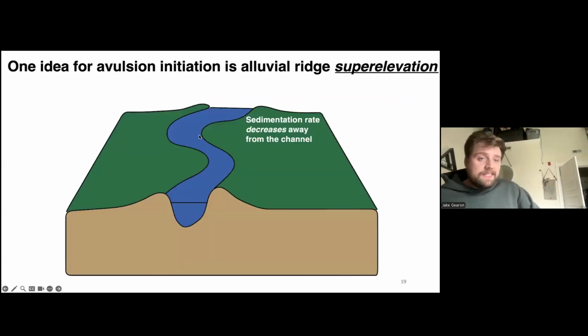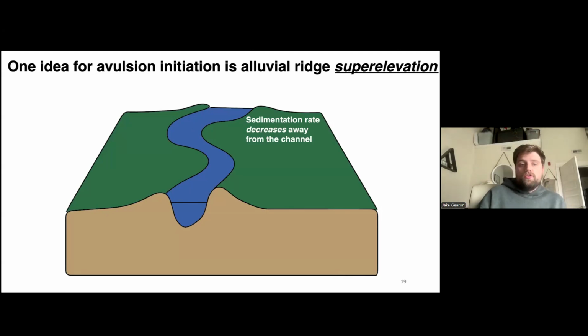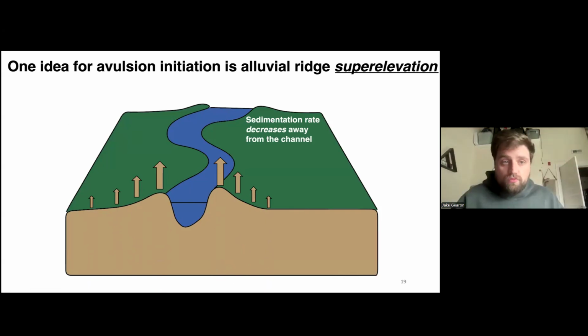So one idea for why river avulsion initiates is called alluvial ridge superelevation. And I'm going to talk through that here. When you have an aggrading basin, and what that means is the bottom of the basin is dropping out, right, because of subsidence, and you're getting enough sediment delivered to the basin that you can fill that accommodation.